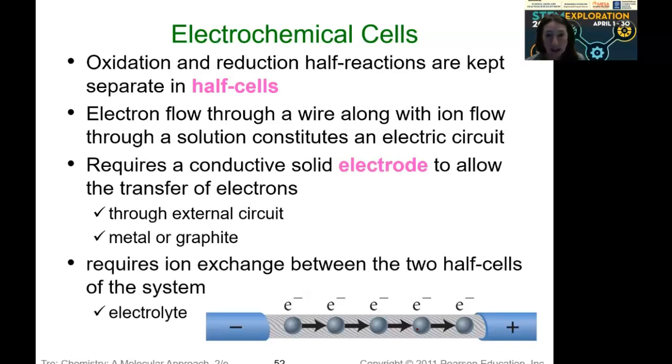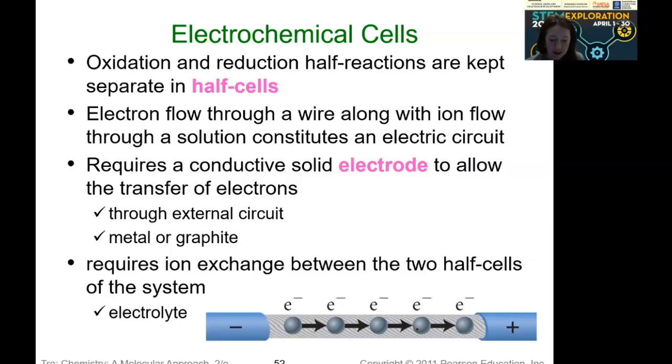And so we need an electrode, something that can transfer the electrons. So an anode and a cathode, those are what we call our electrodes. It can also be graphite, which we're going to talk about not today, but next week. But it's usually metals, but it also can be graphite.